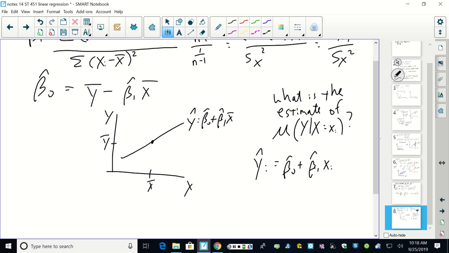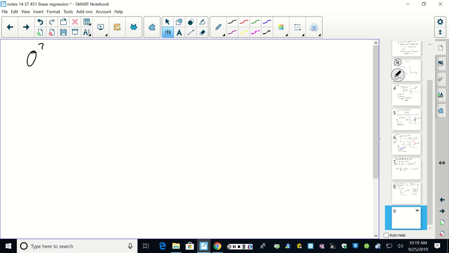How about the other parameter, the sigma squared? The formula we're going to use to estimate that is the sum of yi minus yi hat squared over n minus 2.